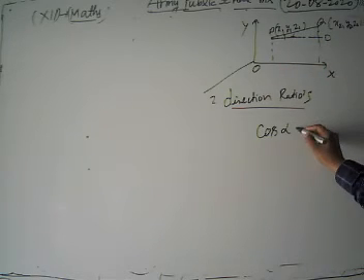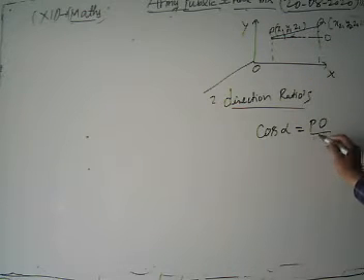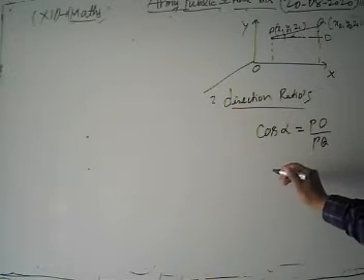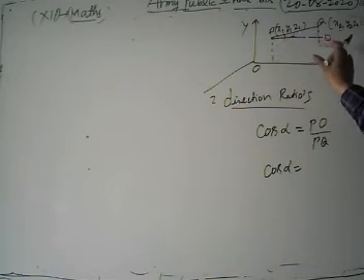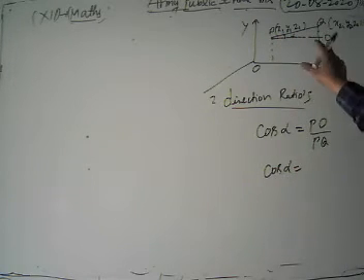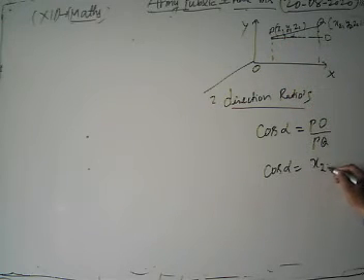PO is the distance between the points along the x axis, so cos alpha is x2 minus x1 upon PQ.